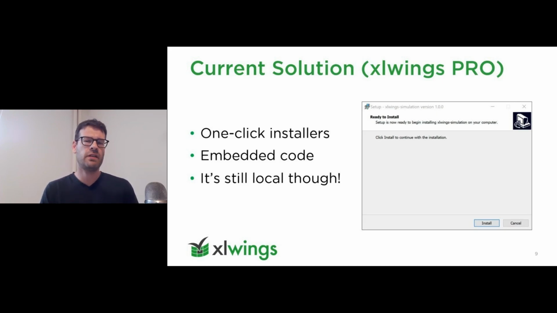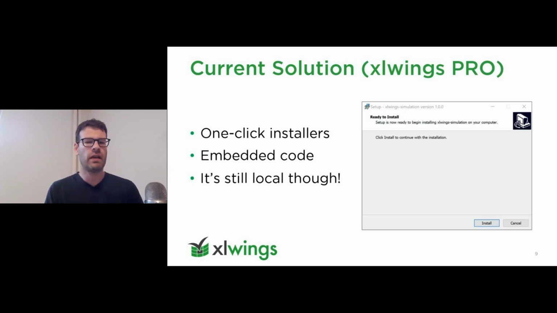At the end of the day, the end user doesn't need to know what Python is. They just need to click that install button on the screenshot, and it sort of magically works, because the Excel workbook is set up so it knows where the Python installer has unpacked the files.